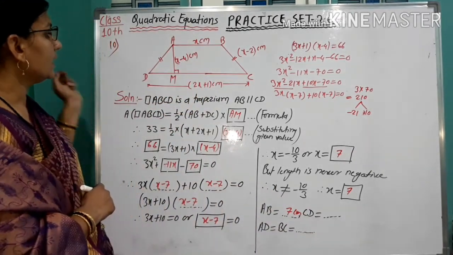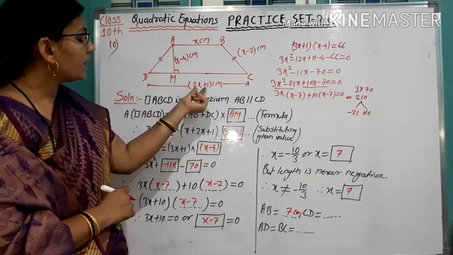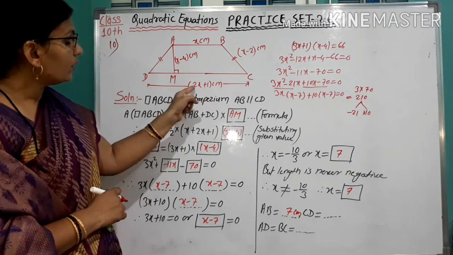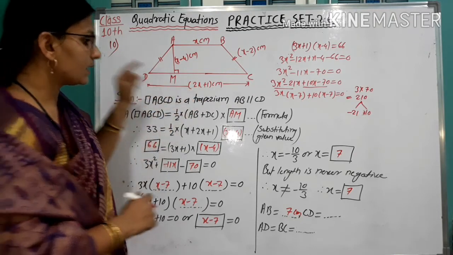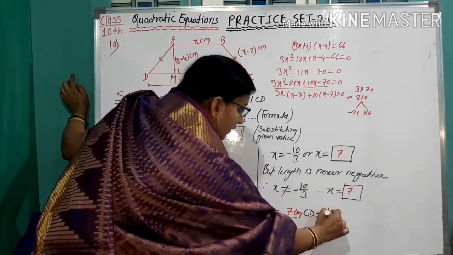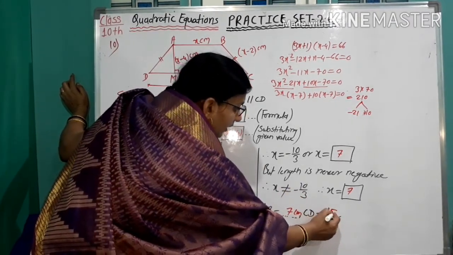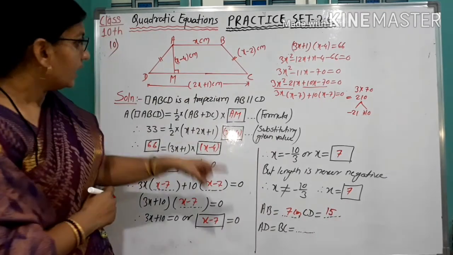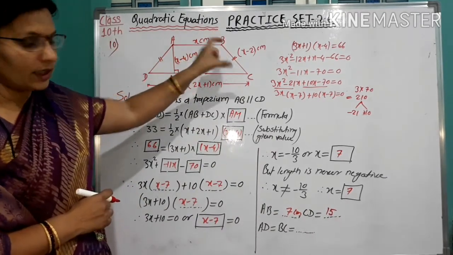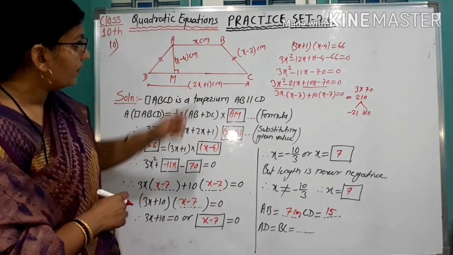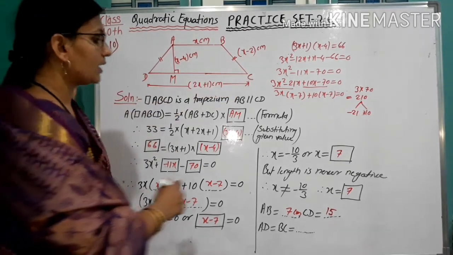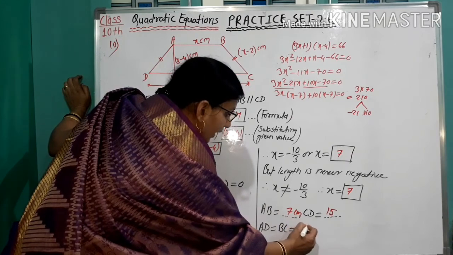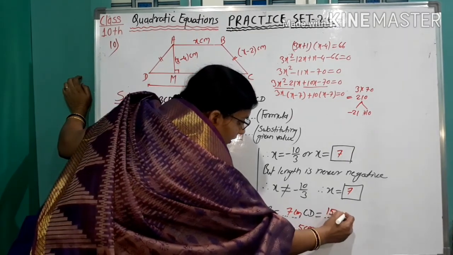Value of CD, that is 2x plus 1, means 2 into 7 plus 1. 2 into 7, 14 plus 1, that is 15. In this trapezium, AD and BC are equal, and value of BC is x minus 2, that is 7 minus 2 equal to 5 centimeter.